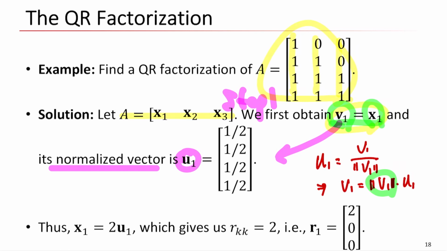So x1 is the length of v1 times u1, and this is the length of x1, because the length of x1 is equal to the length of v1, right? So in this case r11 is equal to 2, so vector r is 2, 0, 0. Okay, so this is the first step.